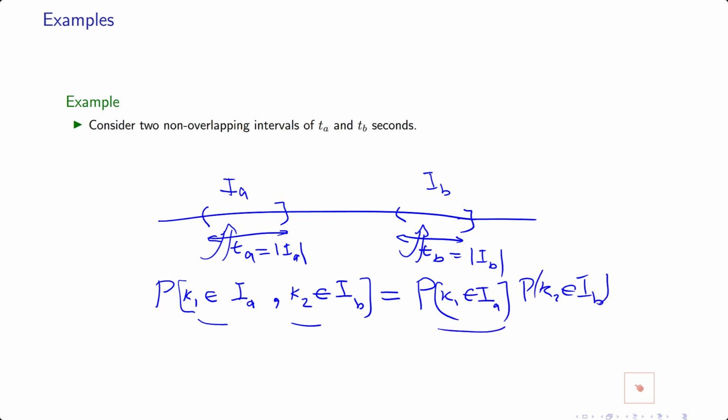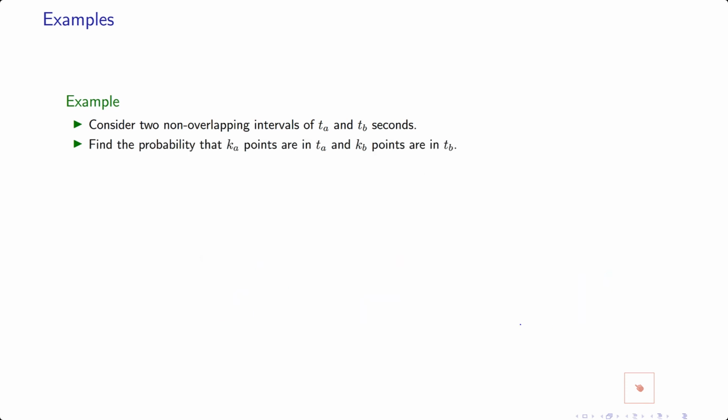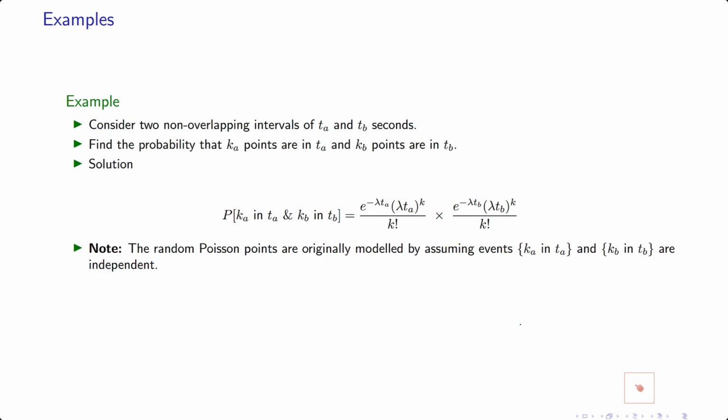And I have the expression for this one and this one also, so I could write the probability of these two. So you get this expression. So the random Poisson points are originally modeled by assuming that these events are independent. Another way of defining Poisson point processes is to say that the random points in any disjoint intervals are independent of each other and so on.